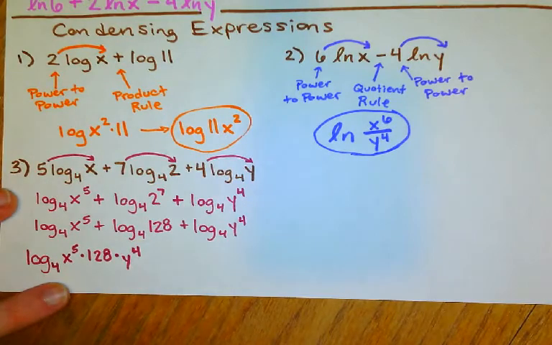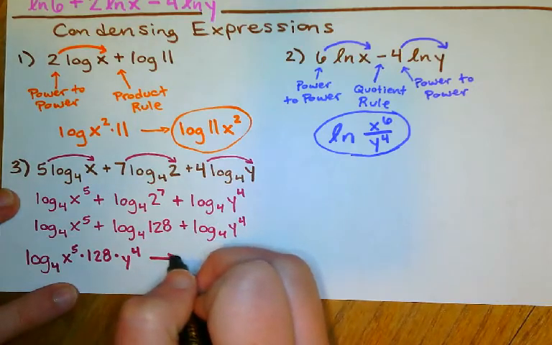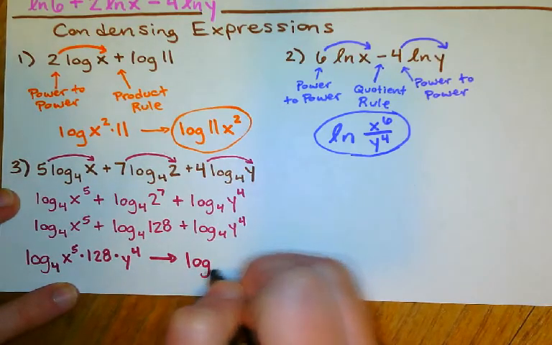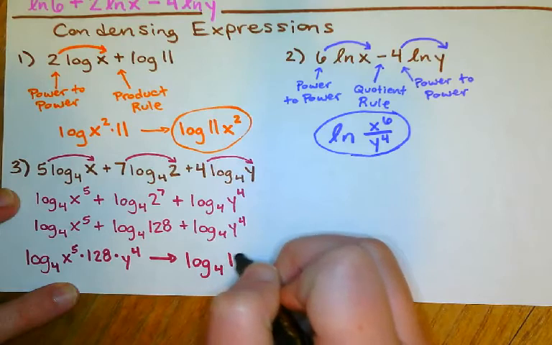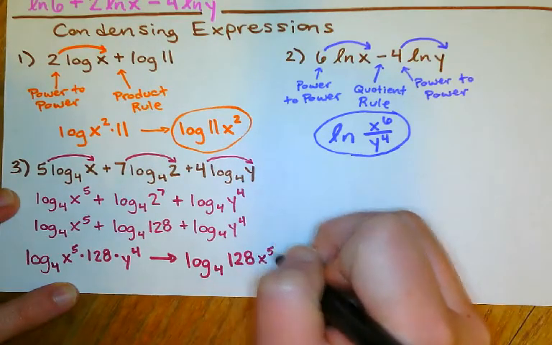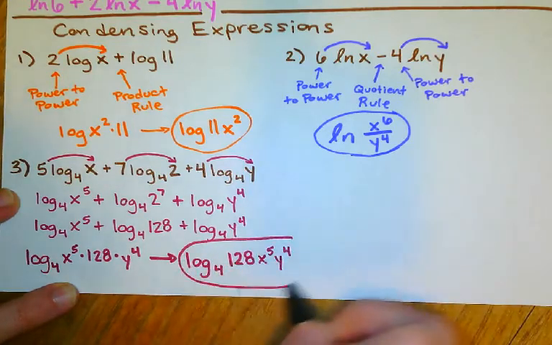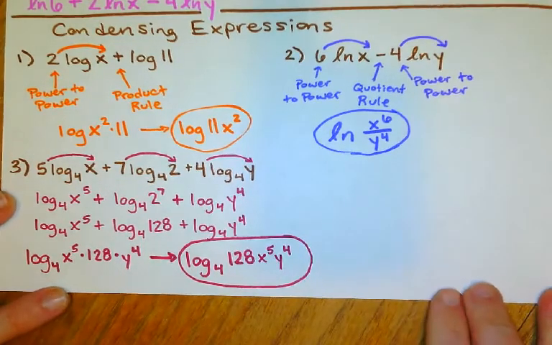And just to rewrite that, because if we were to multiply these together, we would rewrite it to look like this. Log base 4, 128 would come first, then we'd have x to the 5th, y to the 4th.